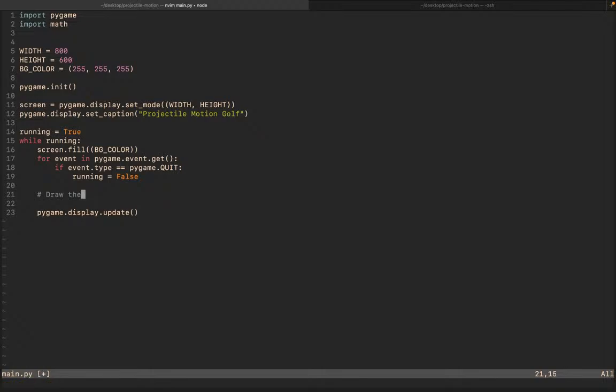Alright, I don't think I need the comment. So ball equals, how did we do the drawing? So ball equals pygame dot draw dot circle, and we want to draw it on the screen.